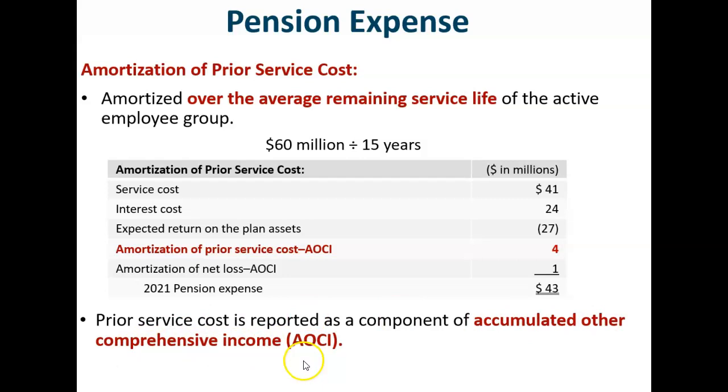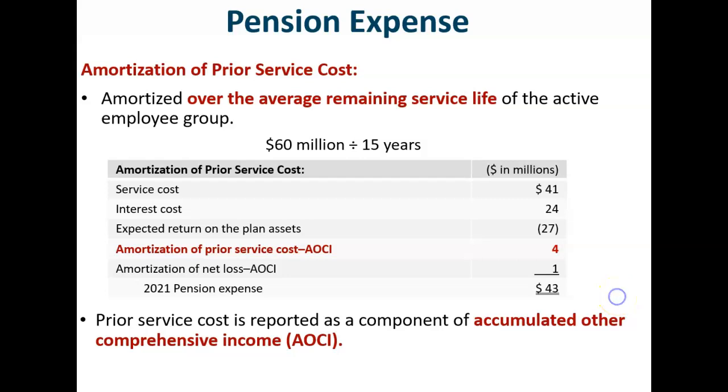And over the years of remaining service life for our active employees, a piece of that prior service cost captured in other comprehensive income is expensed to pension expense. So that over a period of 15 years in this example, it gets reclassified from accumulated other comprehensive income into expense, which is used to calculate net income on the income statement.